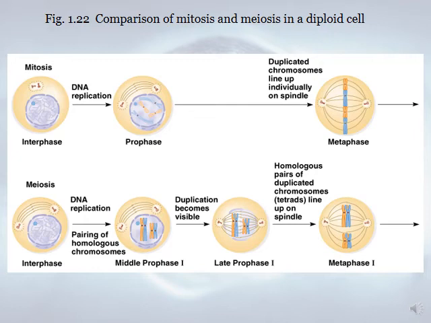Here the tetrads, the pairing of homologous chromosomes, as I said, are called tetrads. So tetrads line up at the middle of the cell, homologous pairs of duplicated chromosomes, at the equatorial plate. Here metaphase.